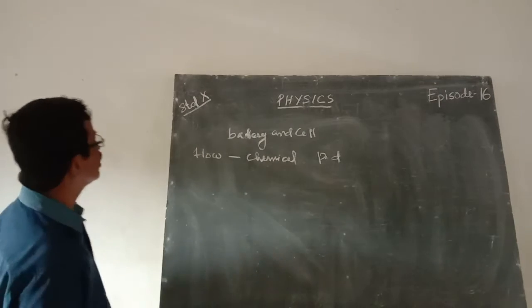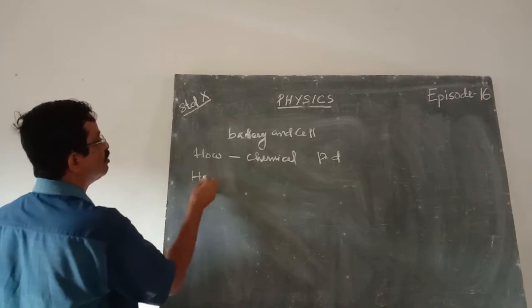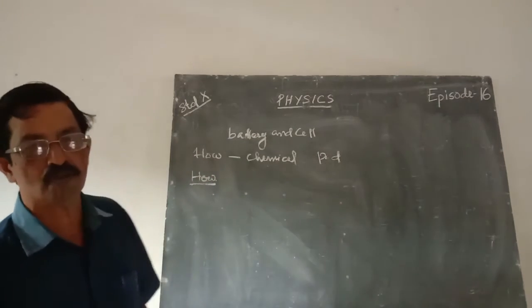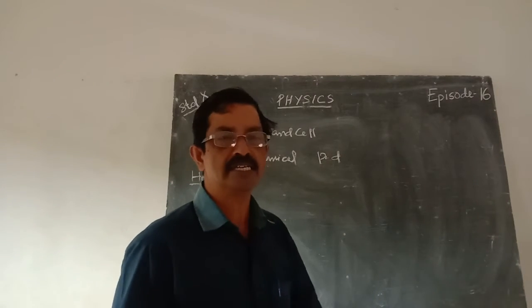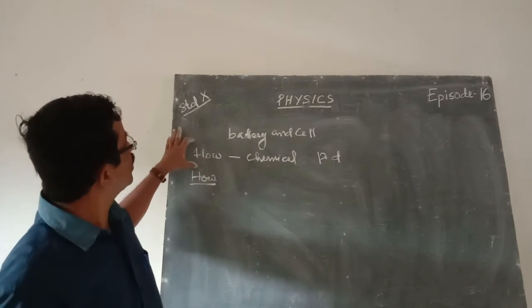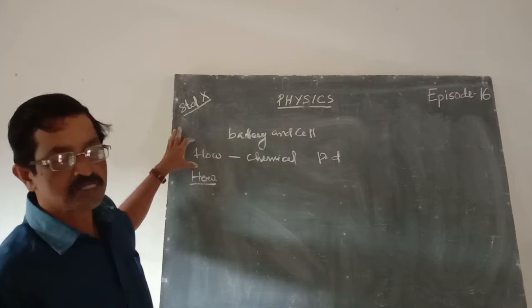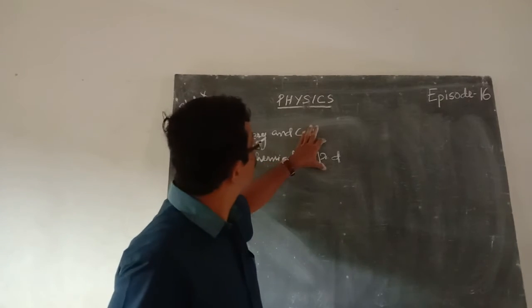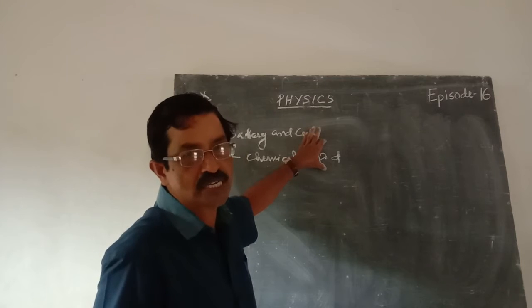Now, how does this electrical energy flow in a circuit? By the reaction within the cell, the change of chemical energy produces a potential difference.